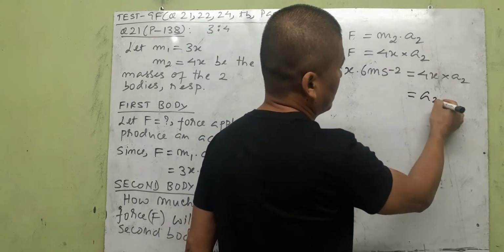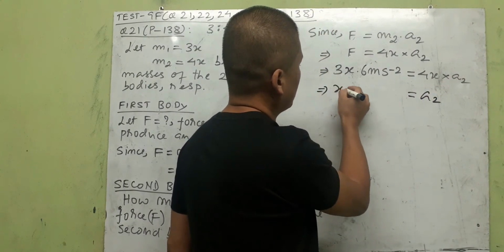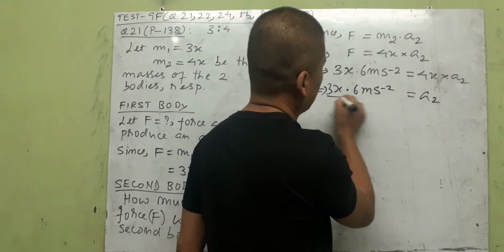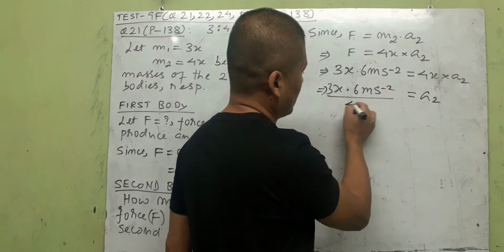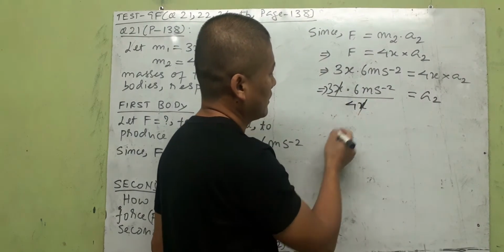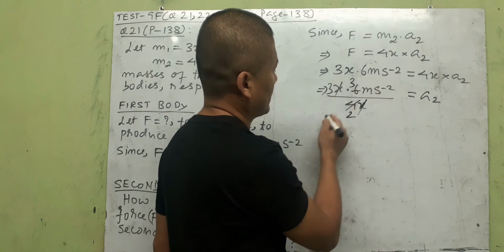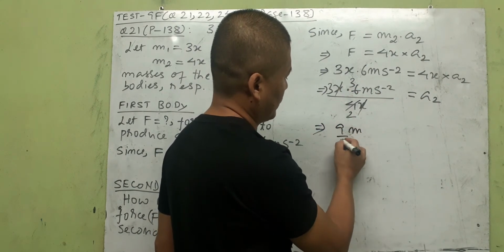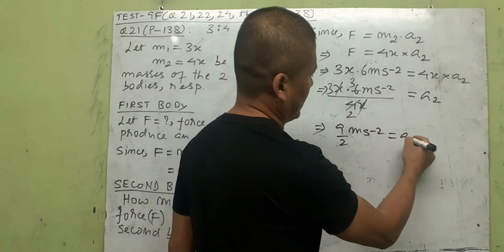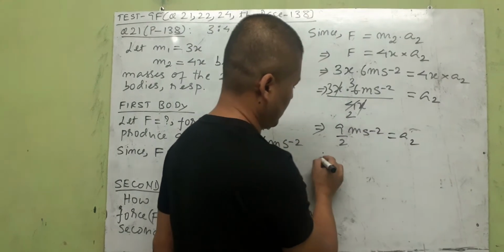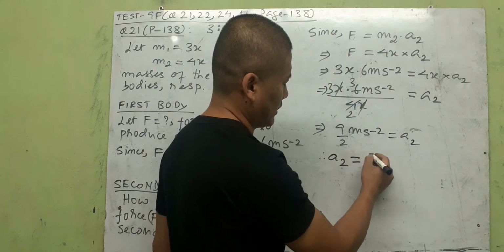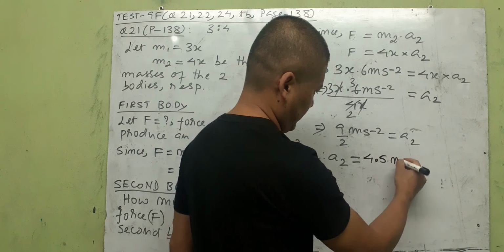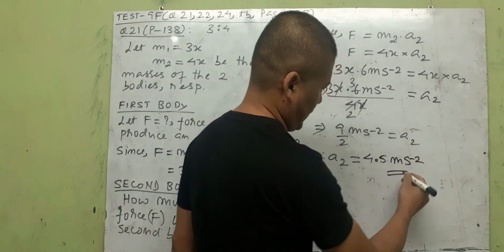Then 3x into 6 meter per second square divided by 4x, the 4x shifted to the denominator. So x and x cancel. 2 2s are 4, 2 3s are 6. So this will be 3 3s are 9 by 2 meter per second square, the acceleration A2. Therefore, the acceleration produced on the second body will be 4.5 meter per second square.